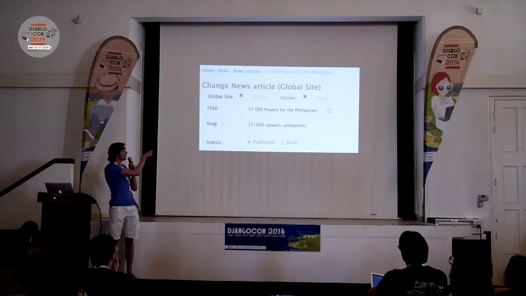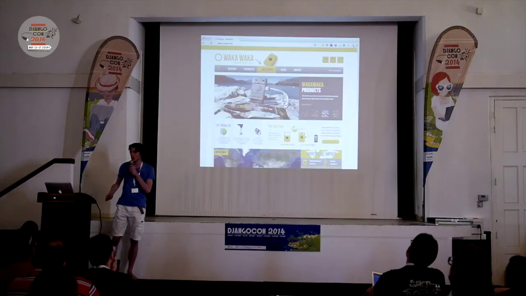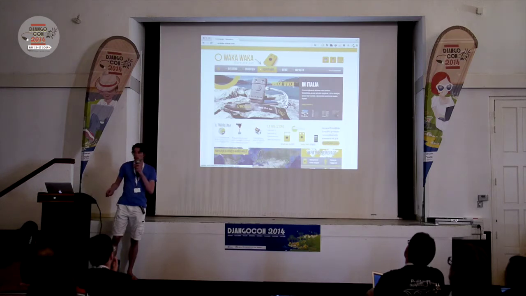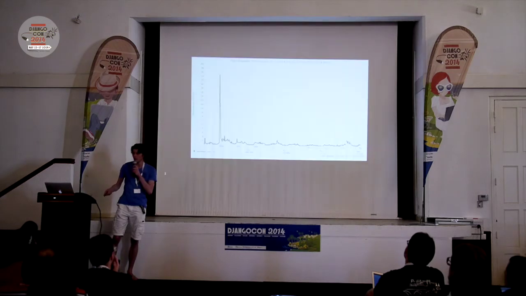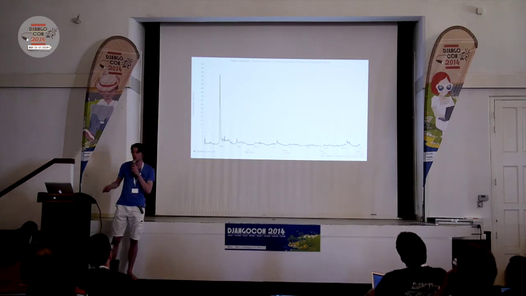To give you an idea of how this looks, in the admin you get separate tabs for all the different translations. And in the website you have the content, and you can just switch it between 2 different languages in this way. And it does work with caching. This didn't have any impact on the performance of the website, fortunately.